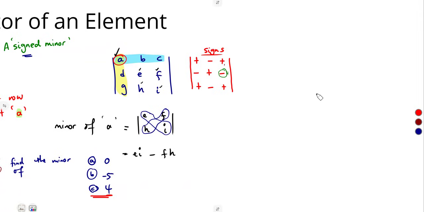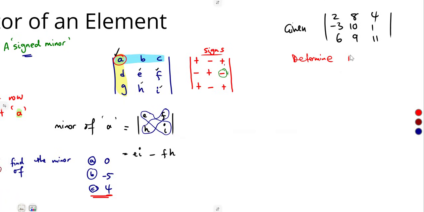For an example, determine the cofactor given this: 2, 8, 4, minus 3, 10, 1, 6, 9, 11. Then the question is to determine the cofactor of the element negative 3.